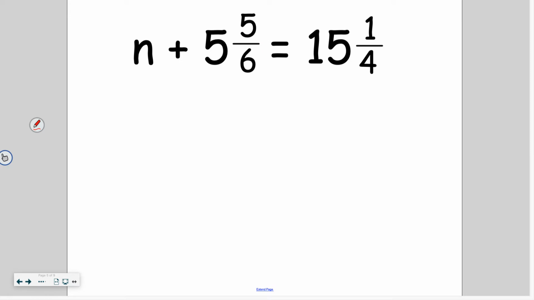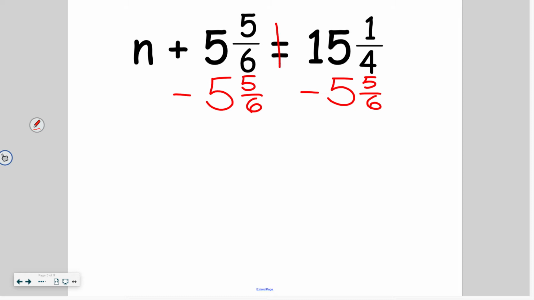This also works with adding and subtracting of mixed numbers or fractions. So if I've got a number n plus 5 and 5/6 is equal to 15 and 1/4, in order to get rid of adding 5 and 5/6, we're going to subtract 5 and 5/6 from both sides of the equation.